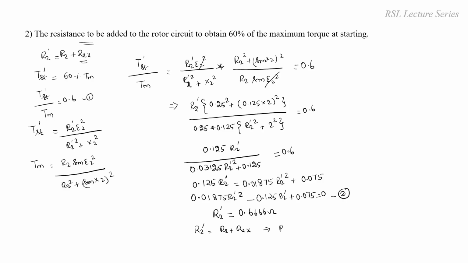So from this we can write REX is equal to R2 dash minus R2, which is nothing but 0.666 minus 0.25. On simplification, we will get 0.4166 ohms. So this is the external resistance value to be added in the rotor circuit to obtain 60% of the maximum torque at starting.